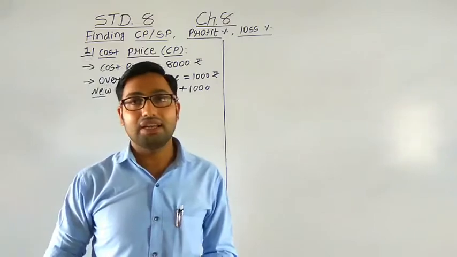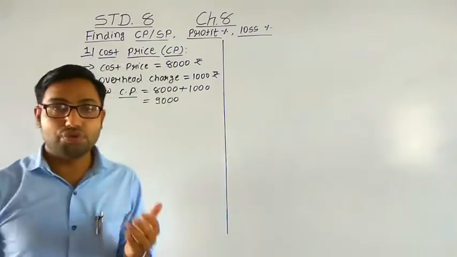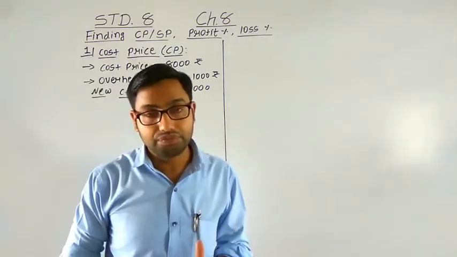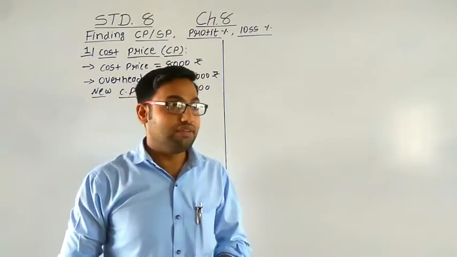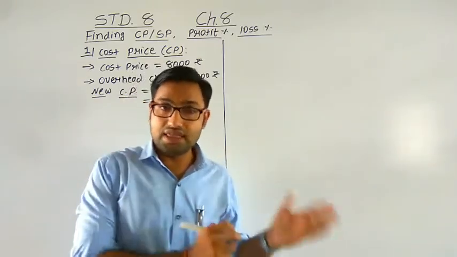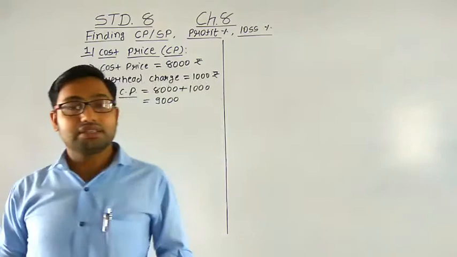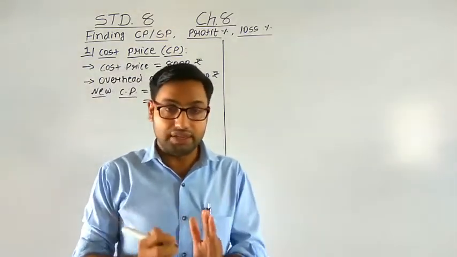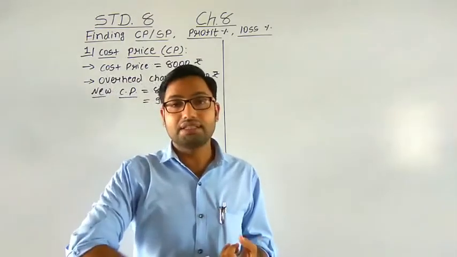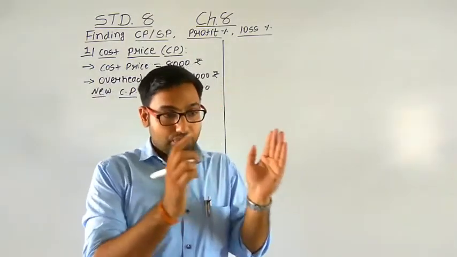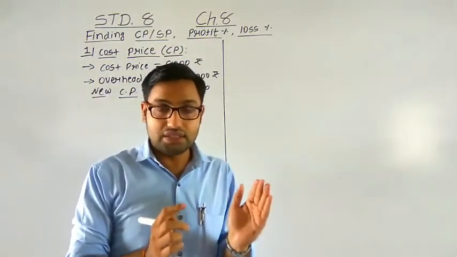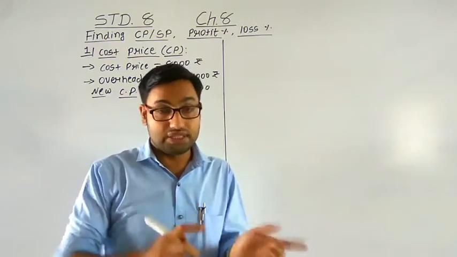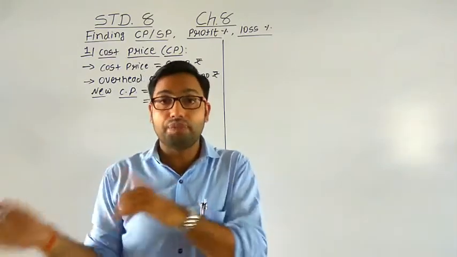In the same way, let's take a new situation. Suppose you purchase a bicycle for 10,000 rupees, and it gets punctured. You have to pay 50 rupees to repair it. So the 10,000 you purchased it for is the first, old cost price. Now you pay 50 rupees to repair it.